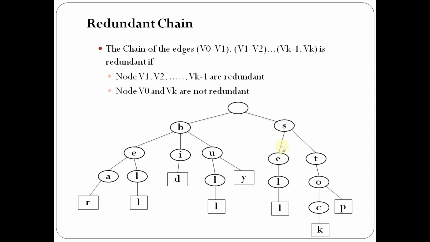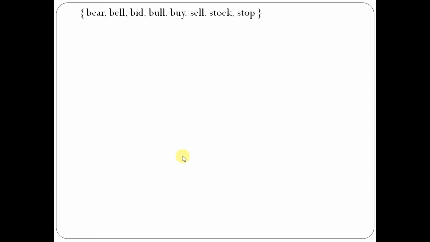So the path SELL follows a redundant chain. Similarly, BID also follows a redundant chain because B is not a redundant node, D is also not a redundant node, but I is a redundant node. So the starting and ending nodes are not redundant, and all the nodes between them are redundant. So BID forms a redundant chain.